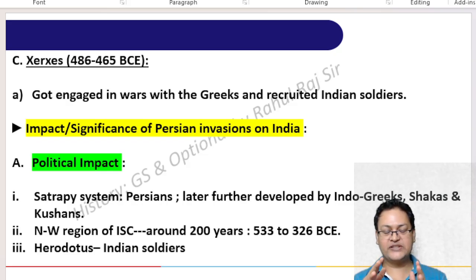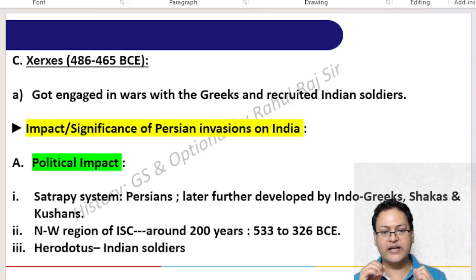So let's come to the second part of the topic: significance or impact of Persian invasion on India. As we discussed earlier, we'll subdivide this into three headings: political, economic and socio-cultural. So first, political impact. These points we have already discussed. Let's recall them.